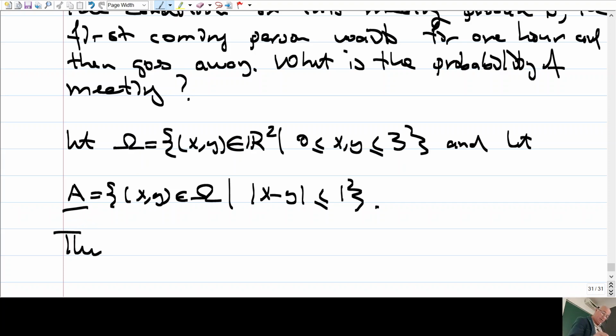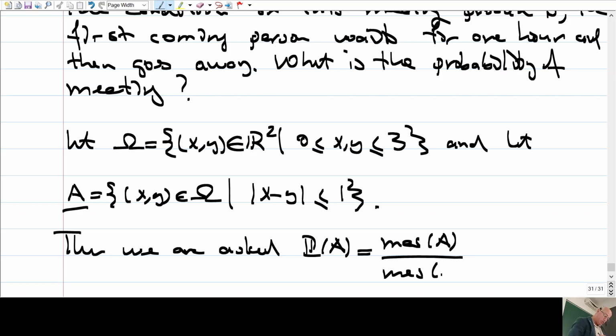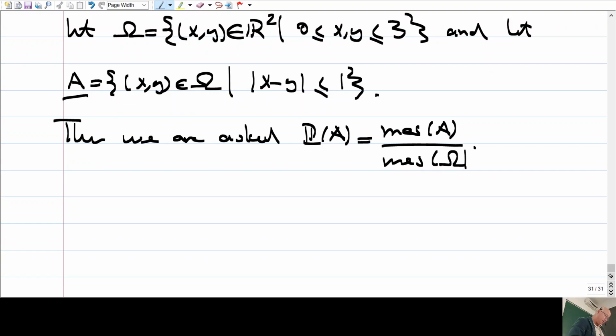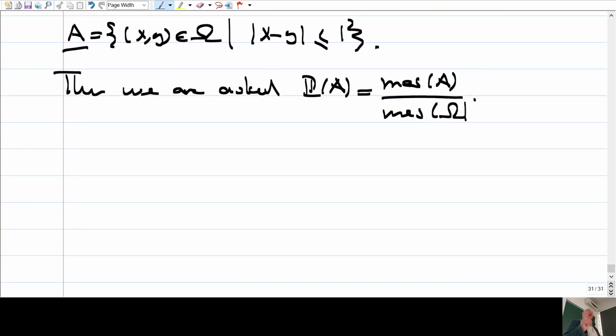Then we are asked P(A), which is just the measure of A divided by the measure of omega. Let's compute these. We are talking about Lebesgue measure, and Lebesgue measure is basically the area of the region. In this case, it is easy to compute these areas.